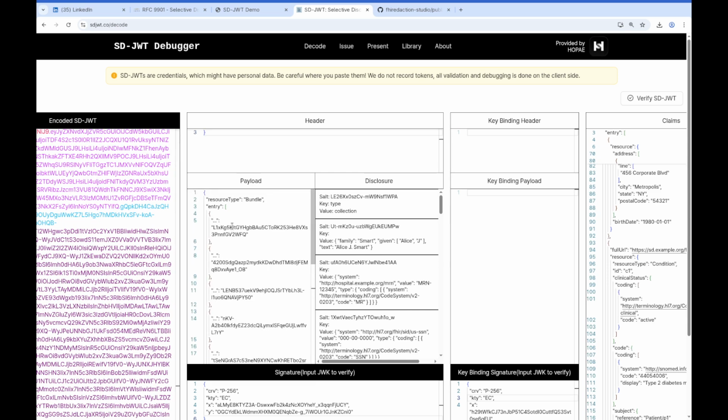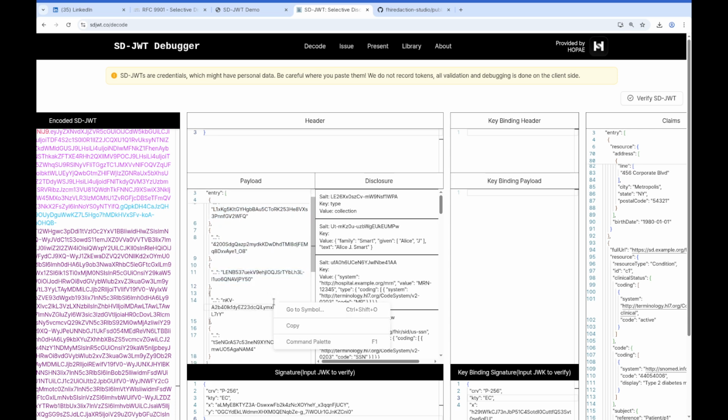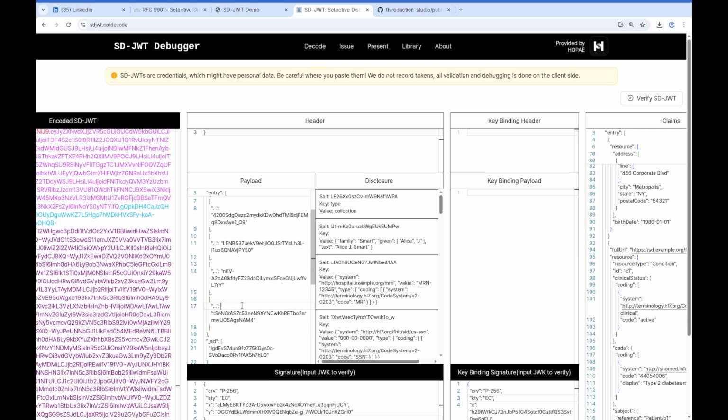What you can see here is what I've actually shared when I paste that SD-JWT in: I shared the scaffold, the outline, the superstructure of a FHIR bundle, but each of the entries in this bundle has been blinded or obscured with this kind of random unguessable string. This represents a hashed value, and as a patient, I am given each of the pre-images for all of those hashes.